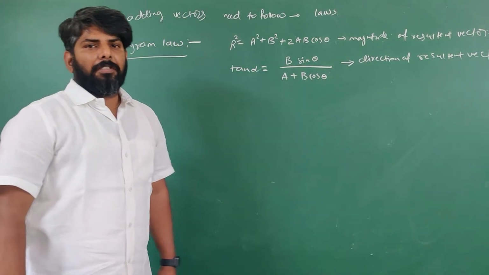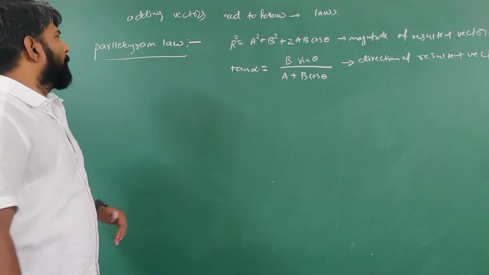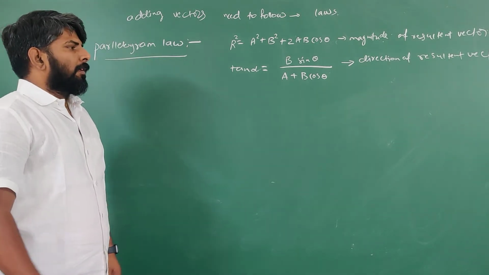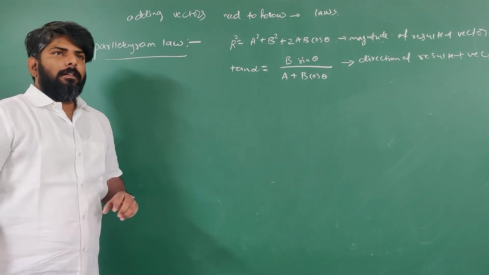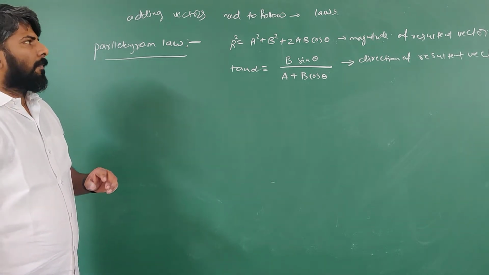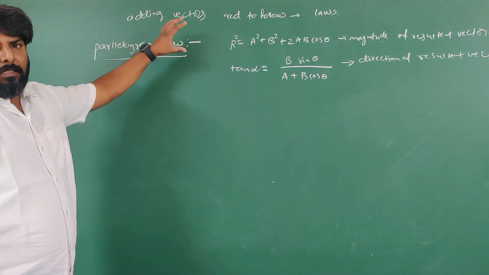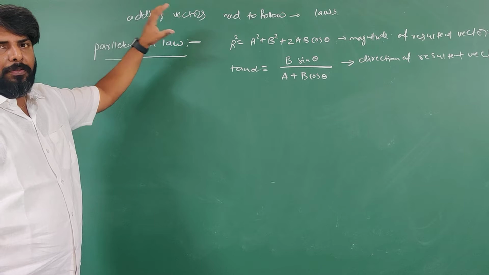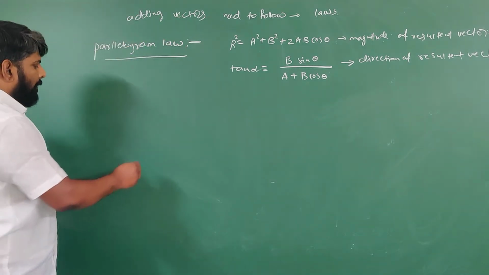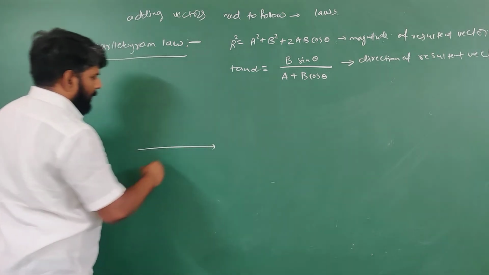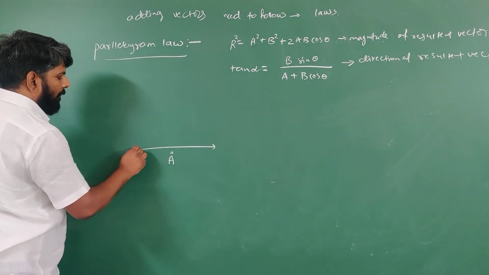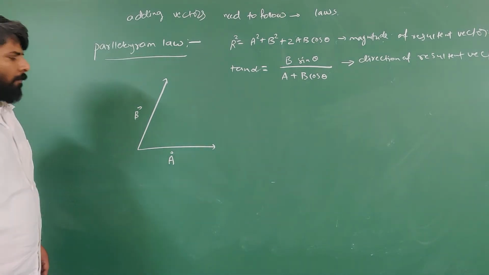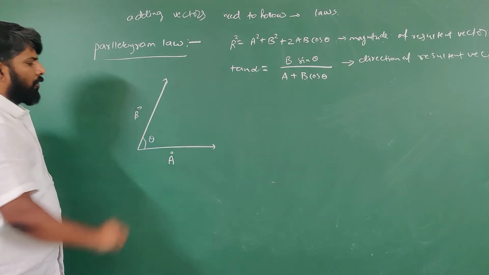How we got these equations? So observe here, derivation. Actually, first you need to understand what is parallelogram law. The two vectors which we are going to add, those vectors we need to take as adjacent sides of a parallelogram, by making an angle theta with each other.